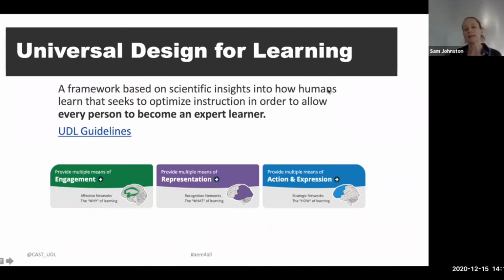And finally, in line with our strategic network, the front part, what we call the executive function of our brain, we think about how we provide multiple means of action: how we act on information, how we build skills, and how we go about expressing what we know.